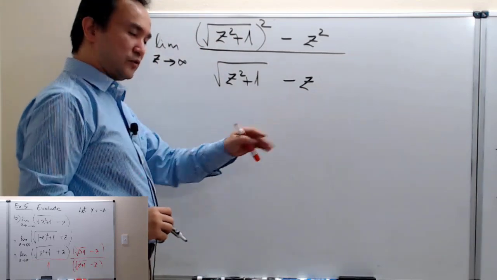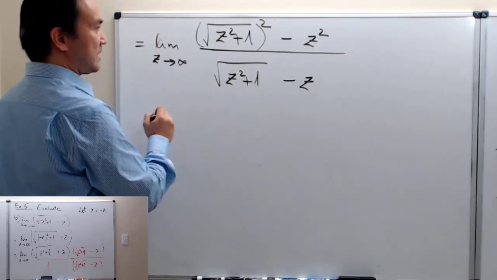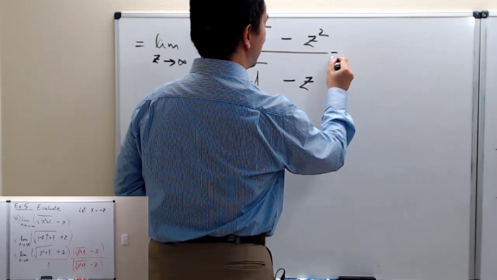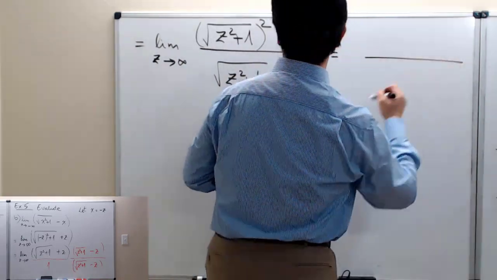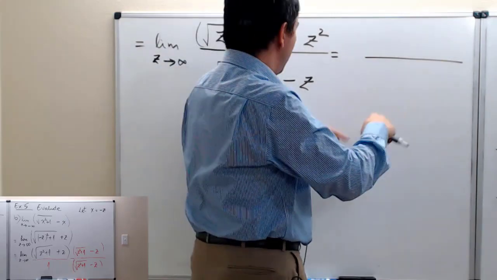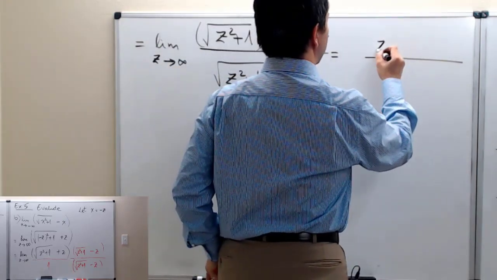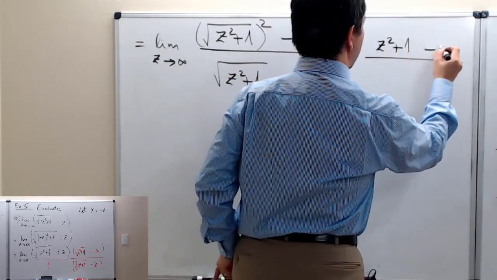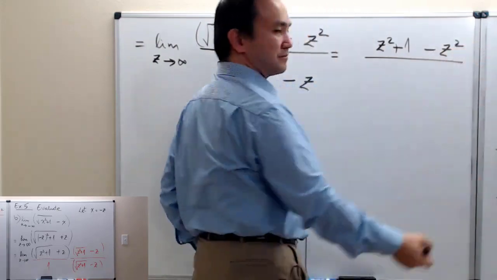And so the usefulness now, in my next step, let me save some more space. Here in the numerator, no more square root: z squared plus 1 minus z squared.